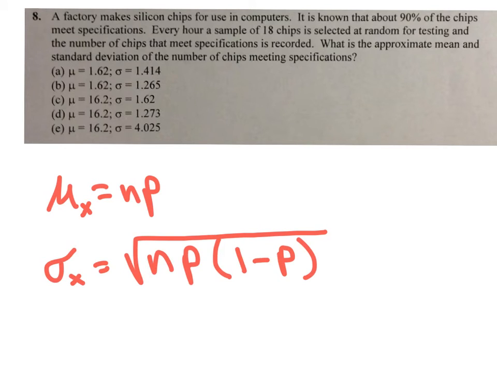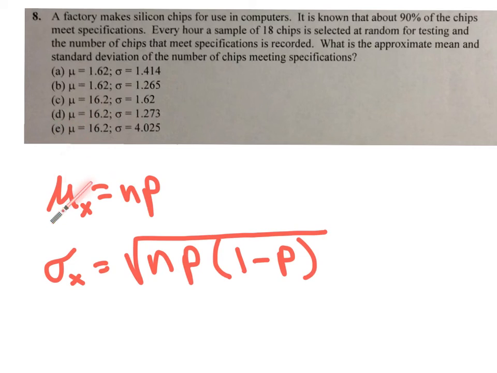Okay, so here we go. Here are our two formulas for the mean and the standard deviation. So you take 18 times 0.9, and you should get 16.2. So we're down to these three choices right there. Then if we put this in here for the standard deviation, you should get 1.273.